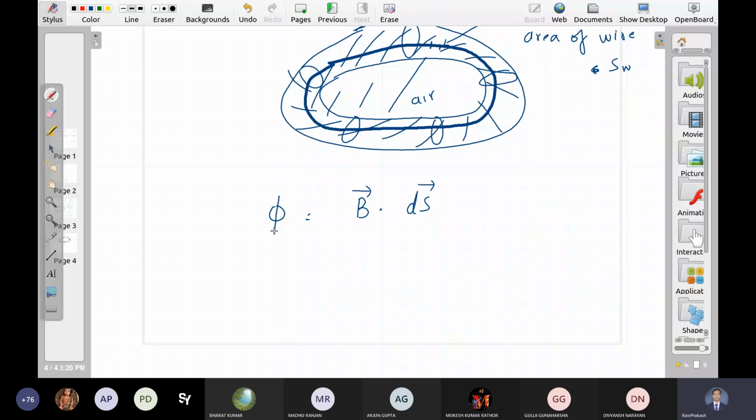So complete flux is the integral over B dot ds. This is over the surface S. Surface S is this, enclosed by this elementary loop, this red area.